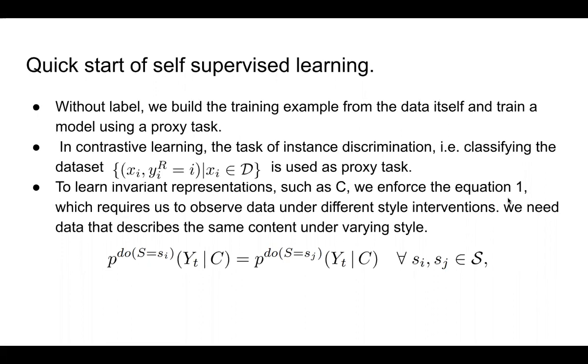The label is just i, which means that we want to distinguish every data point. That's the task of instance discrimination. And this paper also used the instance discrimination task as the main task in self-supervised learning.